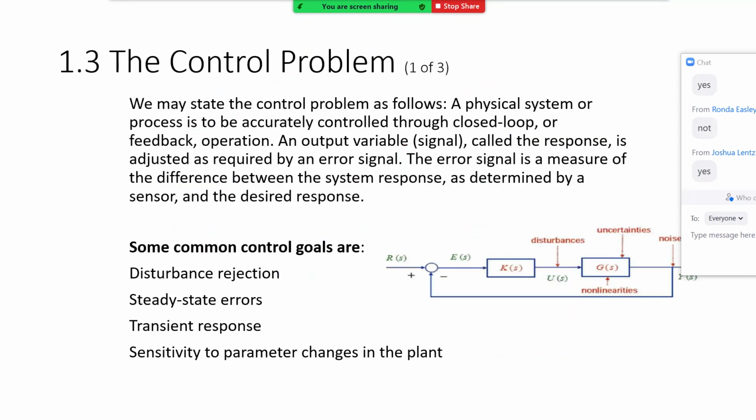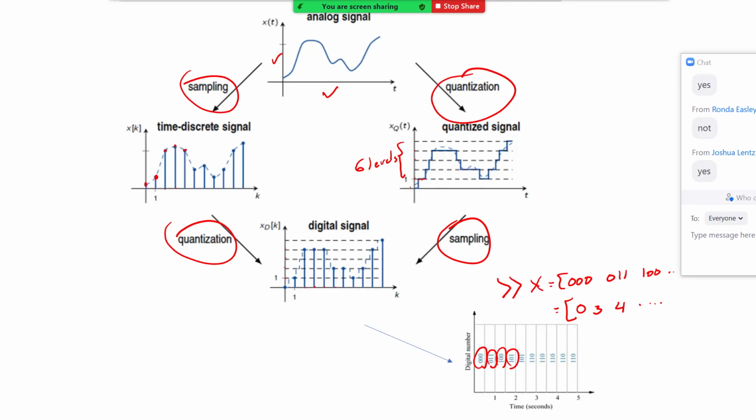The same thing also applies with the quantization. I can always use an infinite number of quantization levels, but that will not be practical. I can say, okay, I'm going to use 10,000 quantization levels. Then somebody's going to say, what do you need all that for? You're just measuring the temperature. You only need a few digits. You don't need that accurate of a measurement.